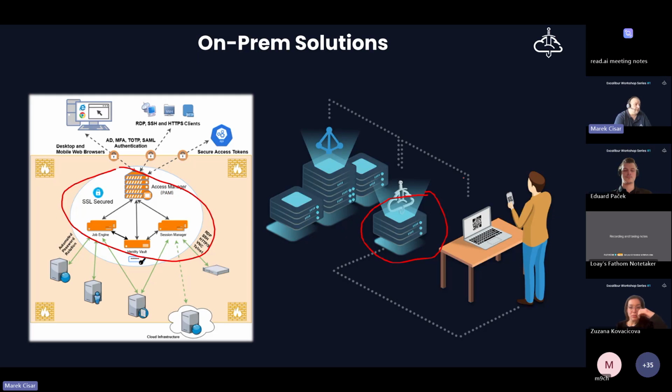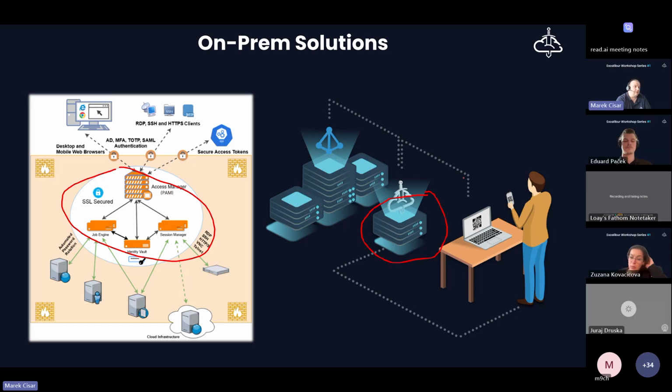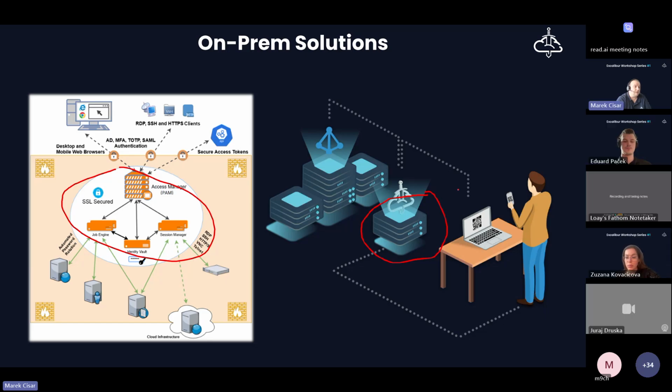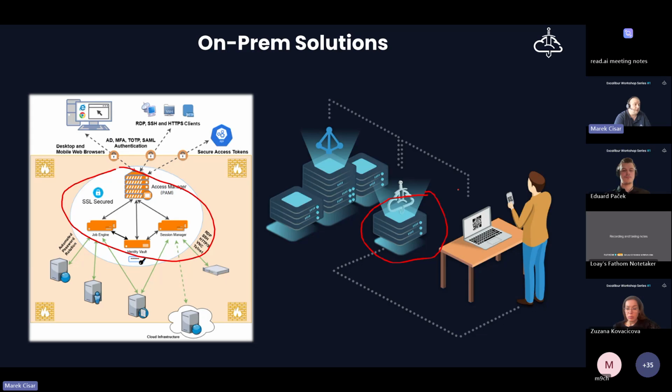There are already built-in mechanisms in Excalibur as a cloud native application. By the way, about Excalibur as a cloud native system, we will talk more in the next workshop. But basically, what Excalibur does, it can tell the cluster on which it is running, please, I need more resources.